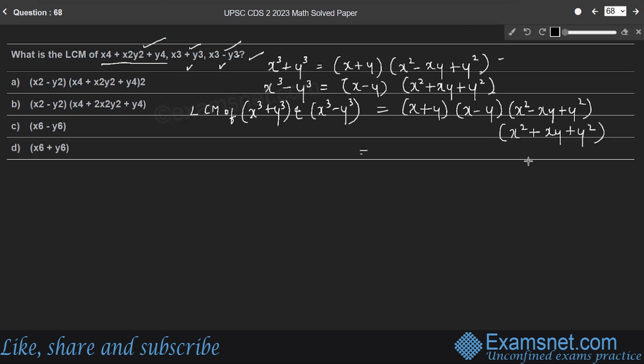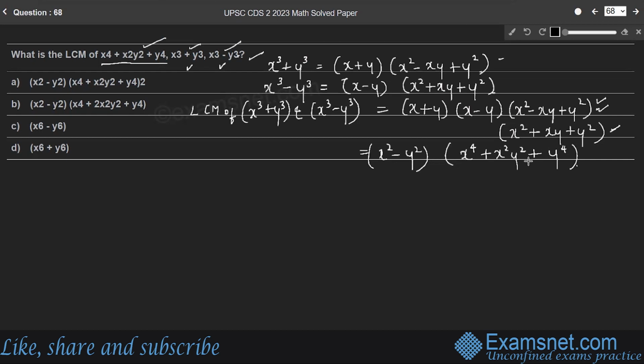Since x plus y into x minus y is x square minus y square, and the product of the last two terms is x raised to 4 plus x square y square plus y raised to 4, this is the LCM of x cube plus y cube and x cube minus y cube.